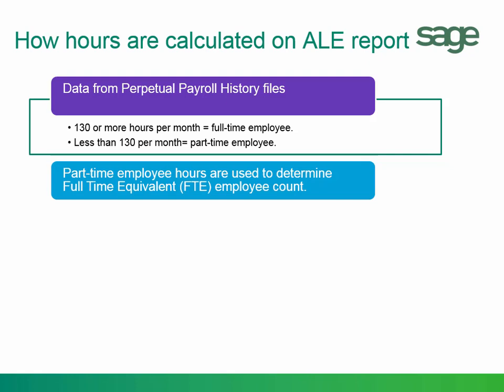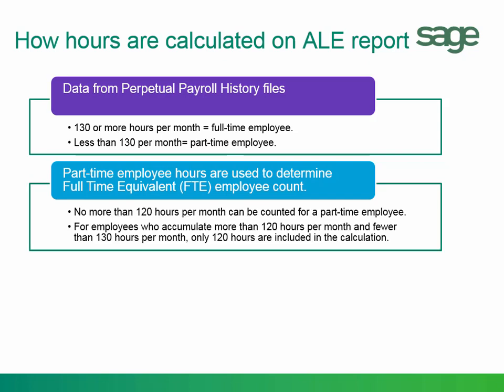Part-time employee hours are used to determine the full-time equivalent, or FTE, employee count. No more than 120 hours per month can be counted for a part-time employee. Again, that's per the IRS regulations. So for employees who work more than 120 hours per month and fewer than 130 hours per month, only 120 hours can be included in the calculation.